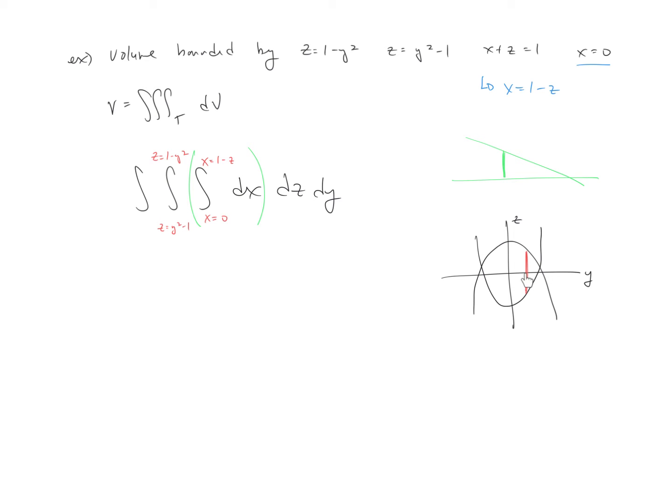And then this would scan from right to left from where these two things intersect. To figure that out, I'll take the 1 minus y squared and set it equal to the y squared minus 1. This gives us 2y squared equals 2, or y equals plus or minus 1. So this is going to be our negative 1, this is going to be our positive 1, and of course those would be y values: y equals negative 1, y equals 1.